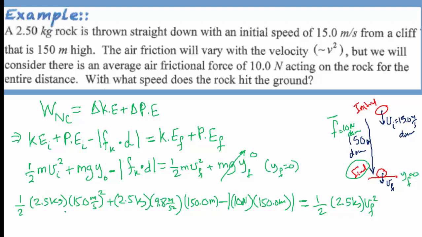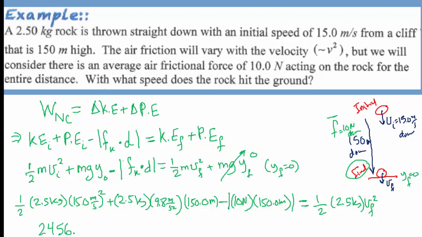Now the initial kinetic energy will yield 281.25 joules. The initial potential energy will yield 3,675 joules. The work done by the friction, the dissipative force, will yield 2,456.25 joules.